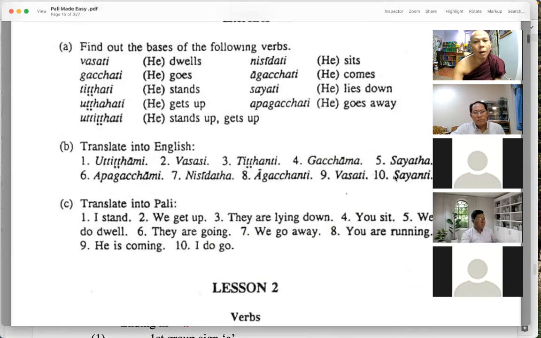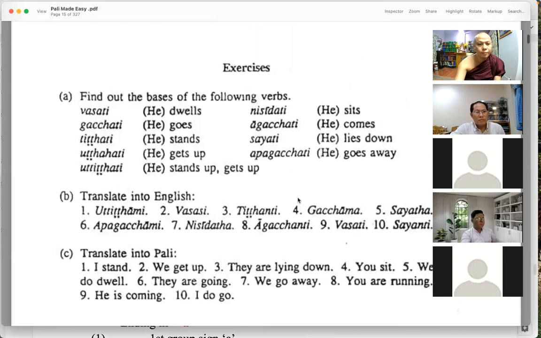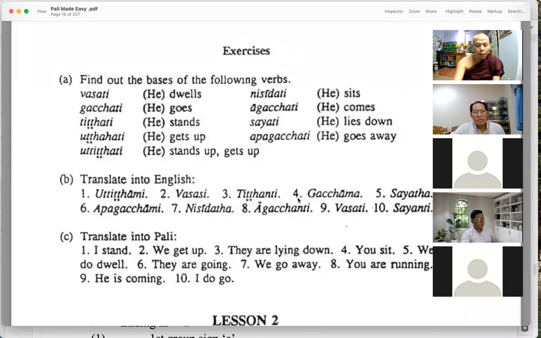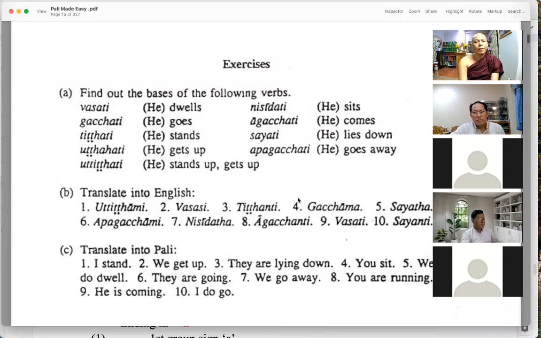So last time we did the exercise for lesson 1. The summary of lesson 1 is to know the present tense.